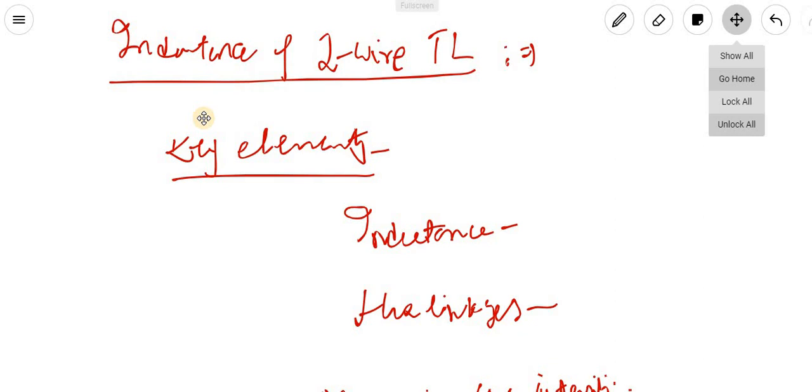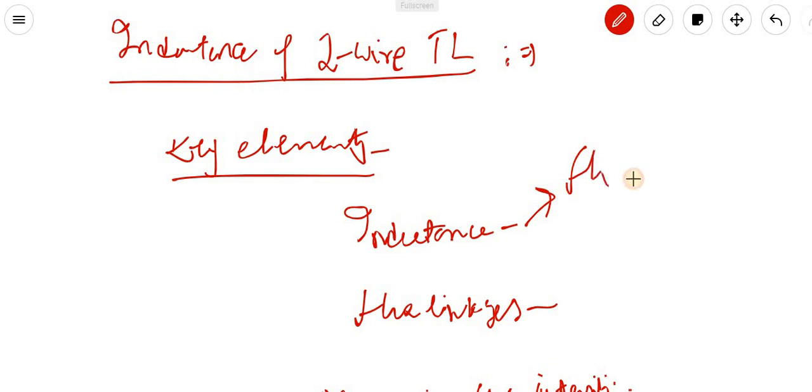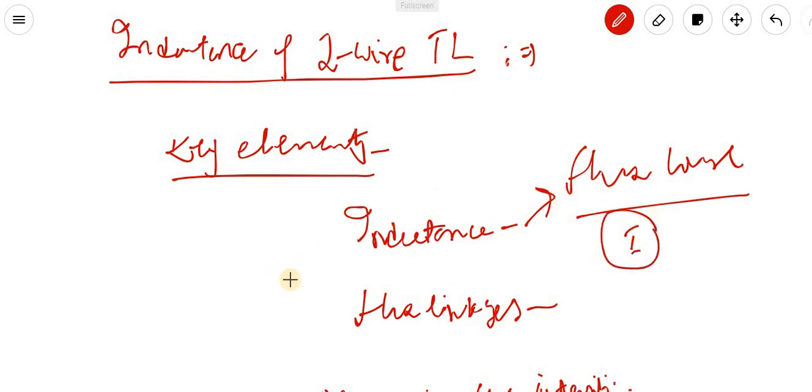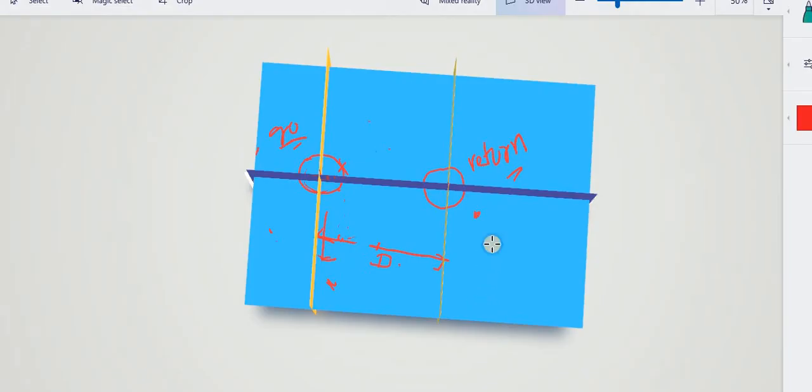So now, what is the inductance? The inductance, as you know, is the flux linkages per unit current. If you see it in 3D, it will be clear.